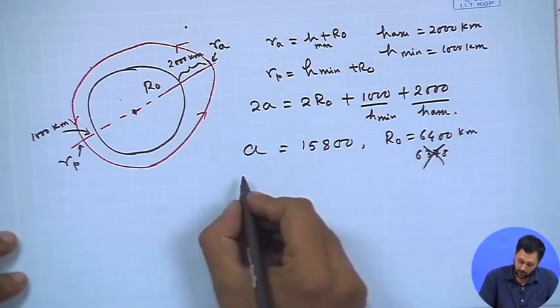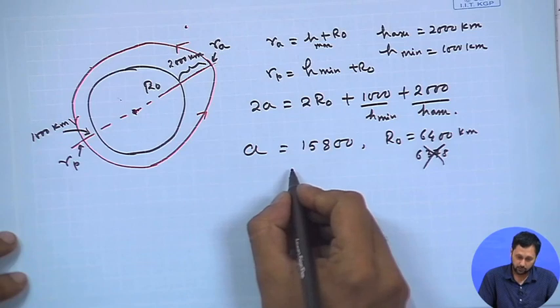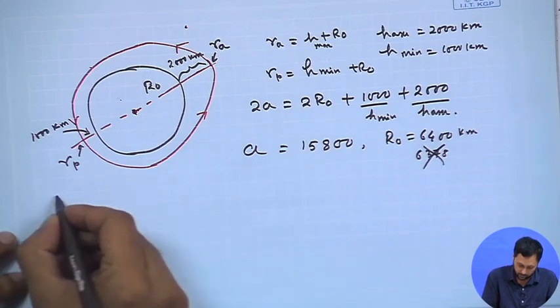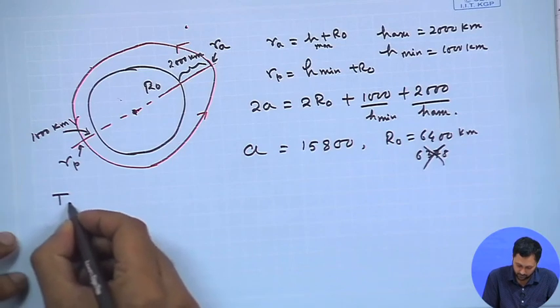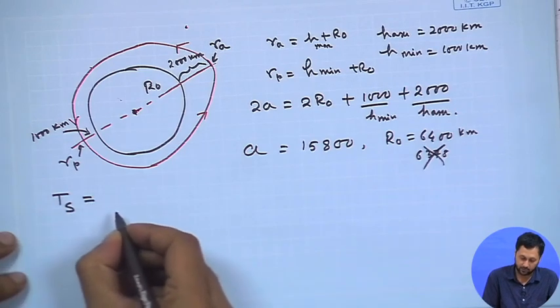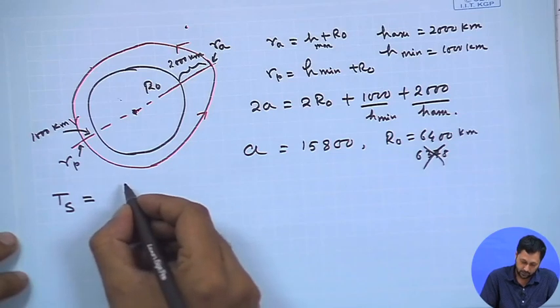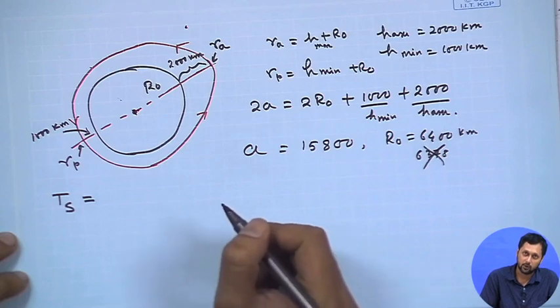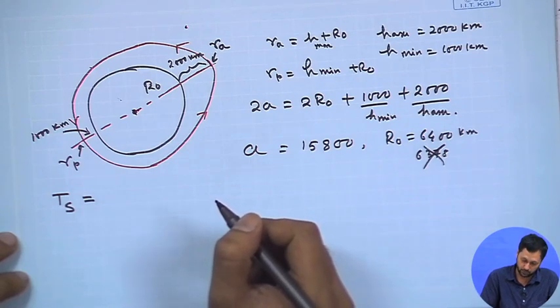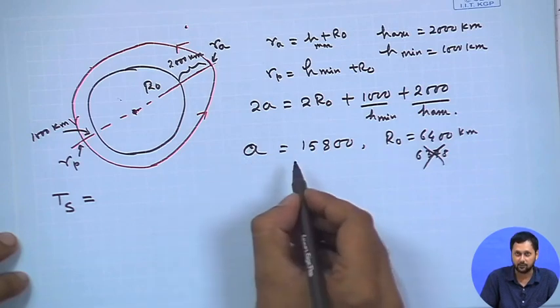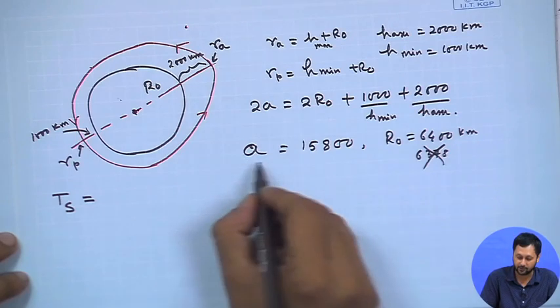So, what we need to find is the time period of the satellite. Once again, from Kepler's third law, we know that time period squared is proportional to the average radius cubed. The average radius in this case is the length of the semi major axis. This is a standard norm.